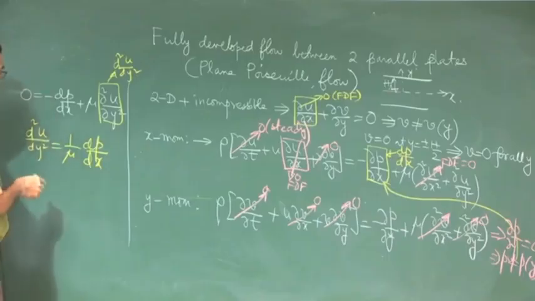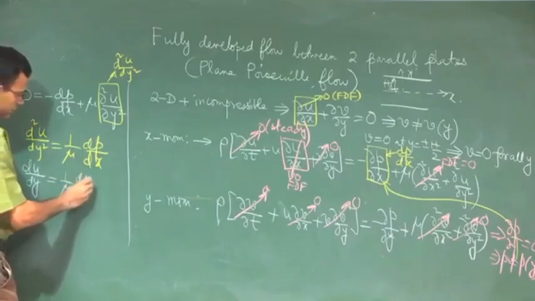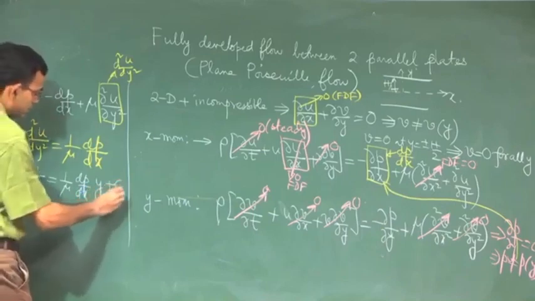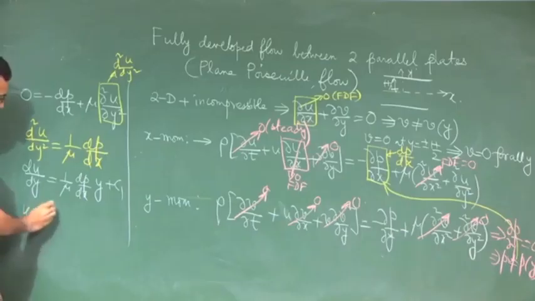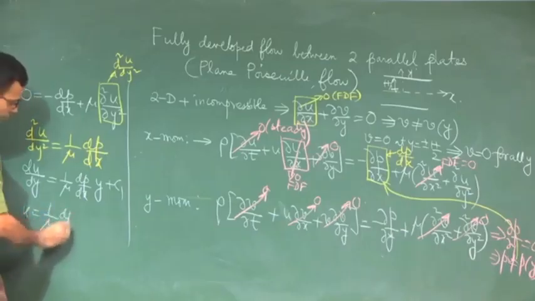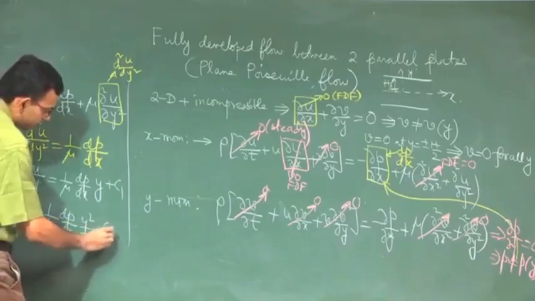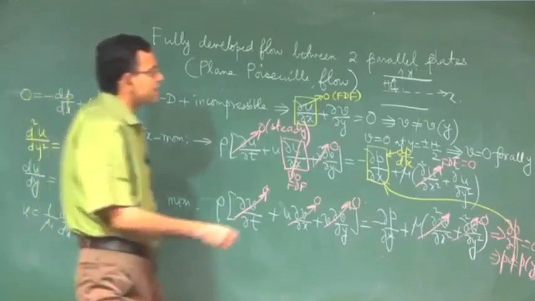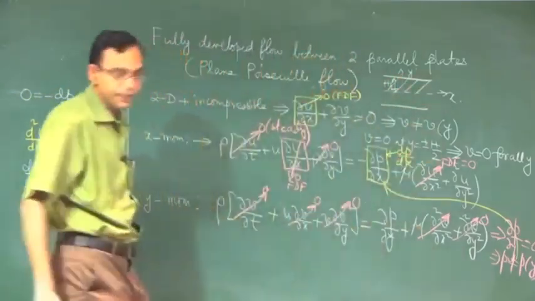So, if you integrate it, you have du dy and u is equal to... Now, because it is a symmetric problem, we can just take half of the domain and solve the problem very easily.